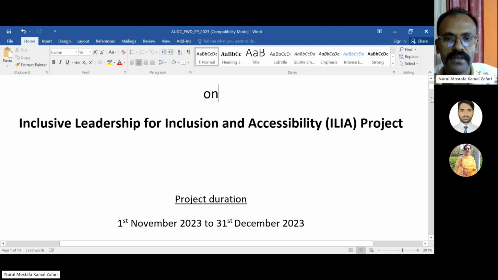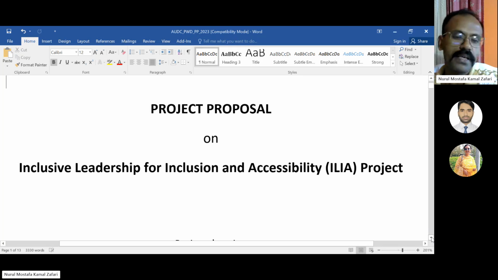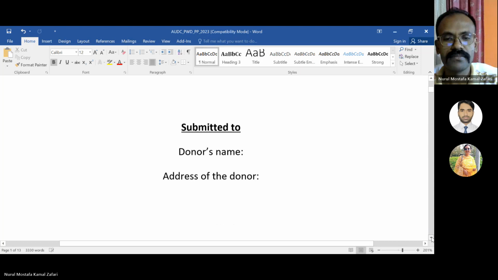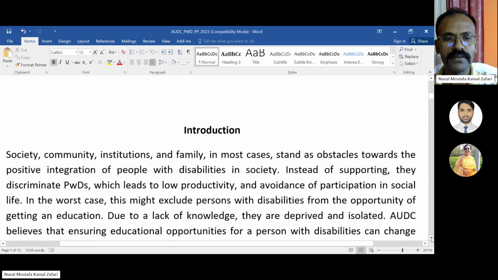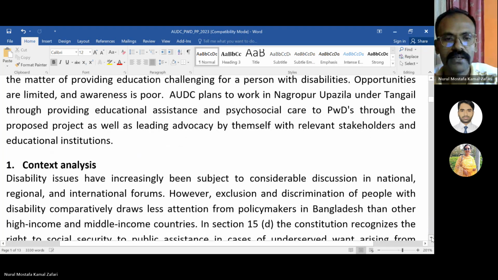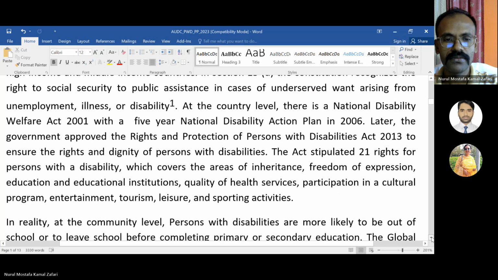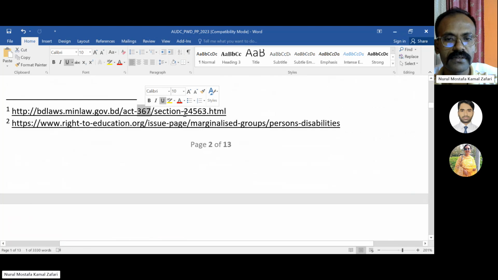The project's name is, now you see, I put a name to the project: Inclusive Leadership for Inclusion and Accessibility, the ILIA project. Then the introductory materials, then the introduction to the project, then a simple context analysis, which is only half a page with some references. You see there some references.